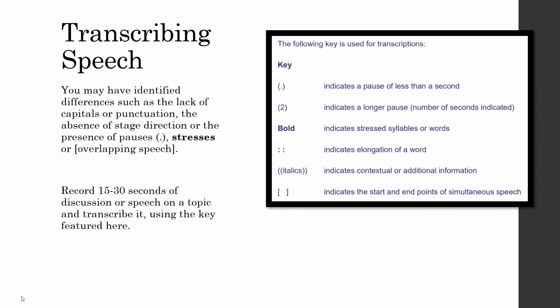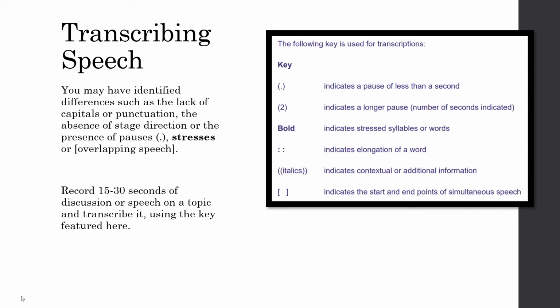But there are attempts here to capture aspects of extra-linguistic communication, such as the bold stresses or the indication of elongated syllables. Your task that you should perform for your own curiosity is to record 15 to 30 seconds of either your own solo speech or discussion with someone on a given topic, and then to use the key there to transcribe it.